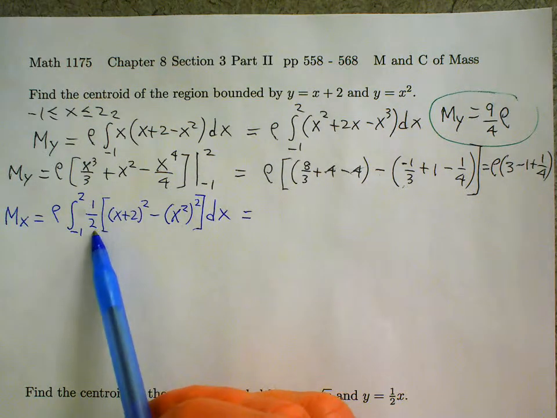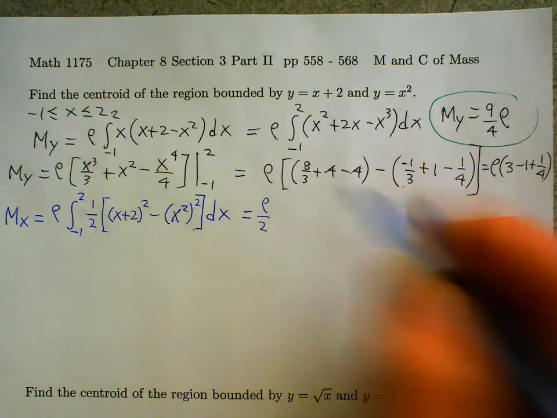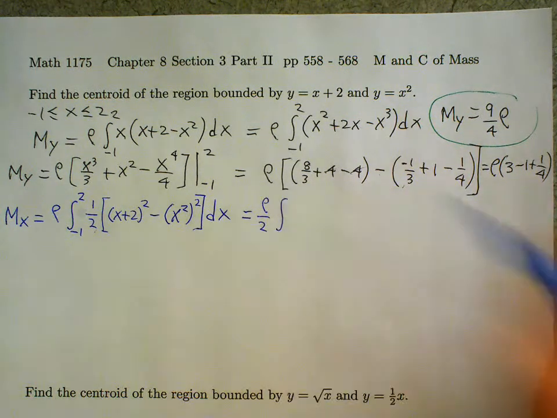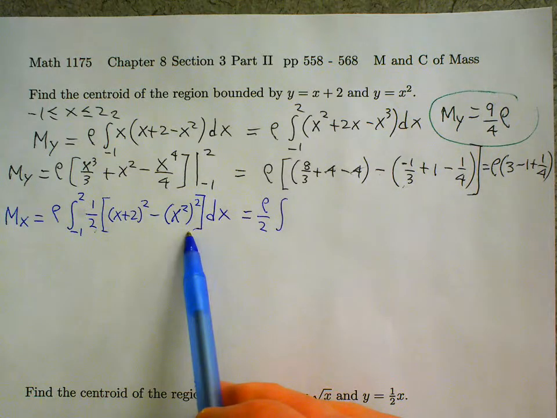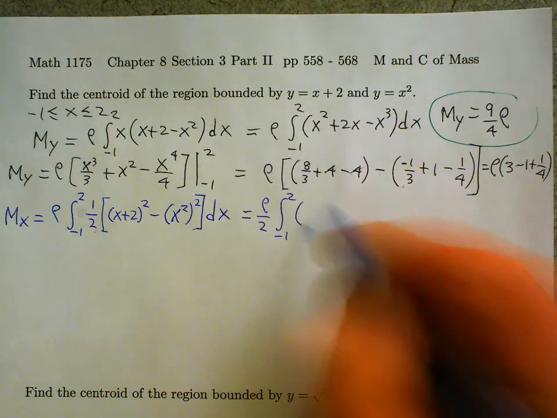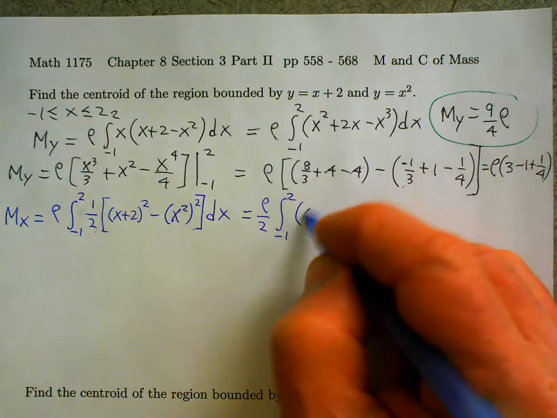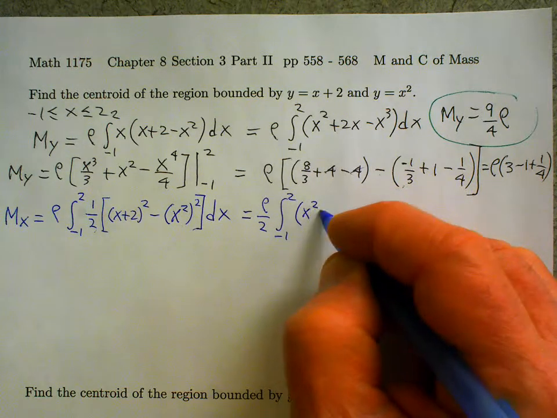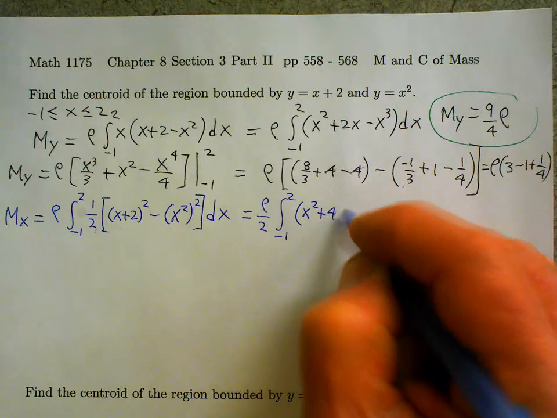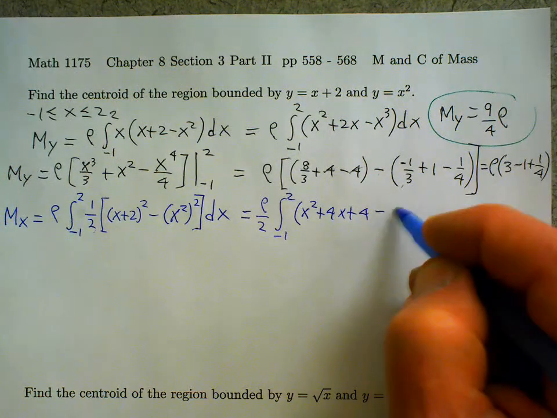I'm going to bring the factor 1/2 out front, so it's rho divided by 2. And we'll simplify the integrand a little bit. When we square x plus 2, we get x squared plus 4x plus 4. And then we're subtracting x to the fourth.